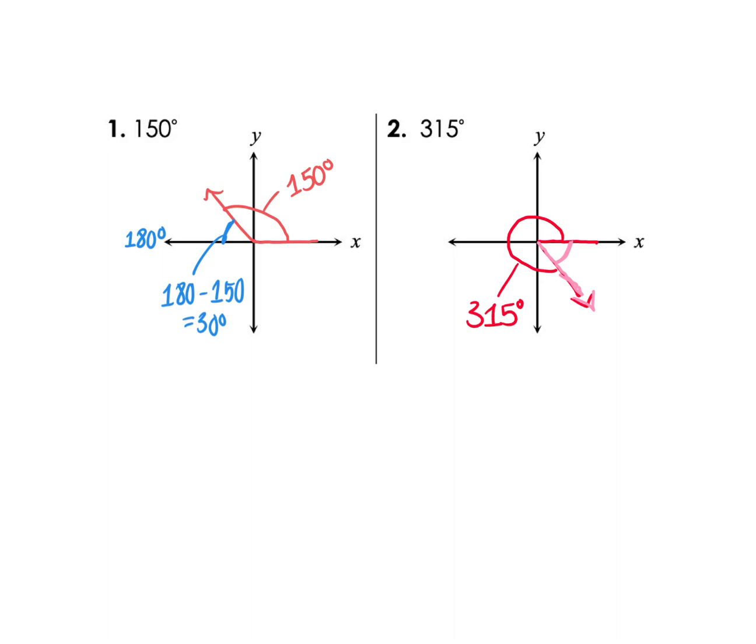This is the angle formed by the terminal side and the x-axis. So we're interested in what this angle is. This here is our reference angle. We're going to do 360 degrees minus 315 degrees, and we have 45 degrees.